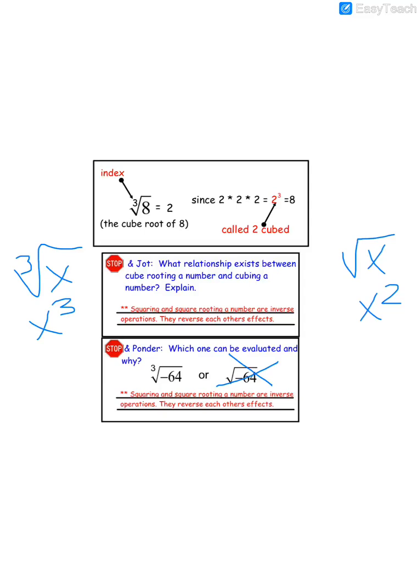That doesn't work. But the cube root does work, because a negative times a negative times a negative equals a negative answer. So the cube root of negative 64 is equal to negative 4, and it can be evaluated.